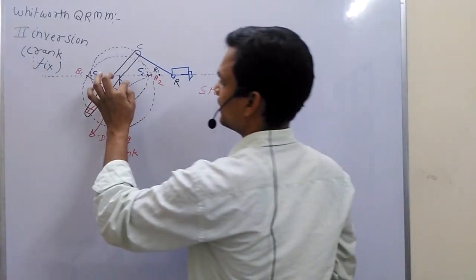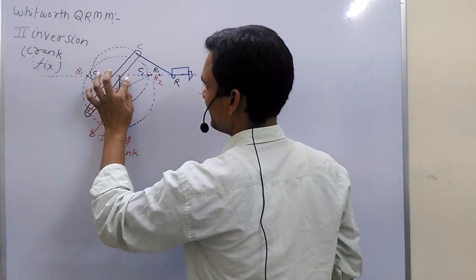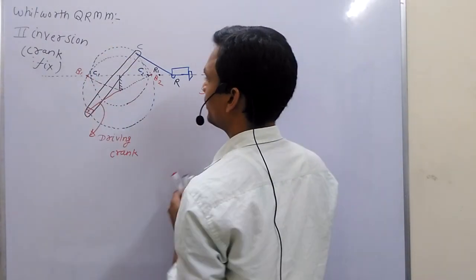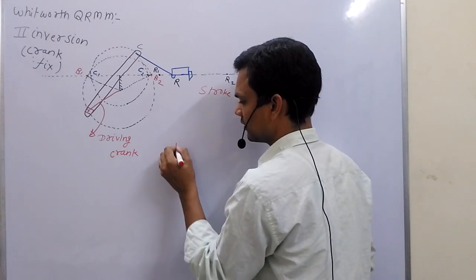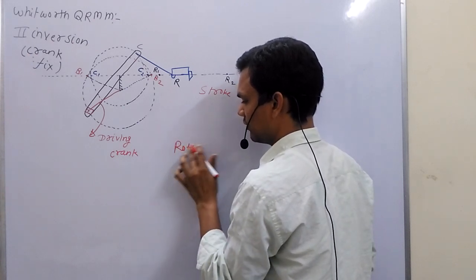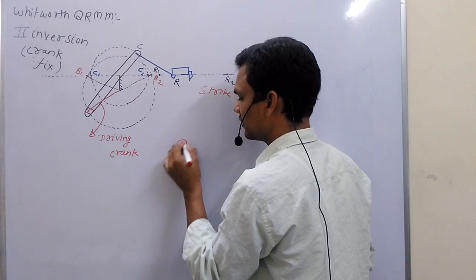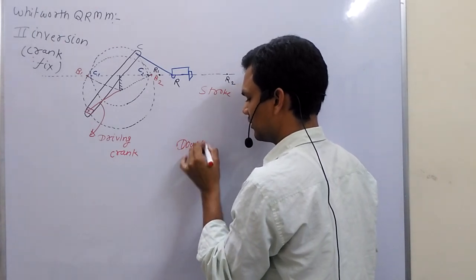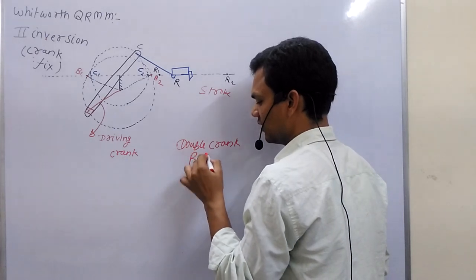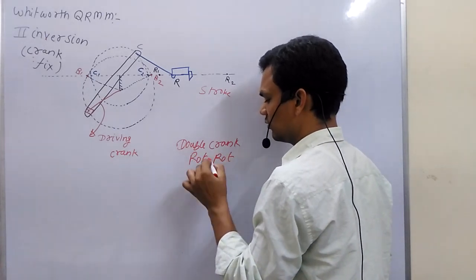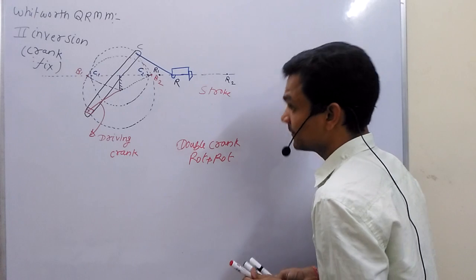Now you can see, because the crank is the smallest link, if it is fixed and we rotate, we get a double crank. Now in this double crank, rotational motion converts into rotational motion, no oscillation.